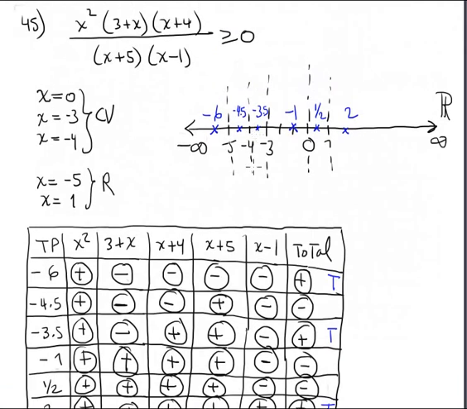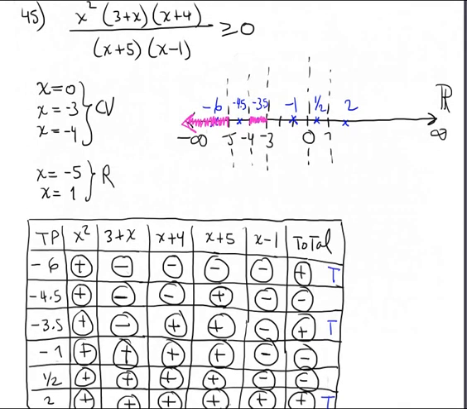It's true on this interval, the interval around -3.5, and it's true on the last interval, because the interval includes 2, of course from 1 to infinity.